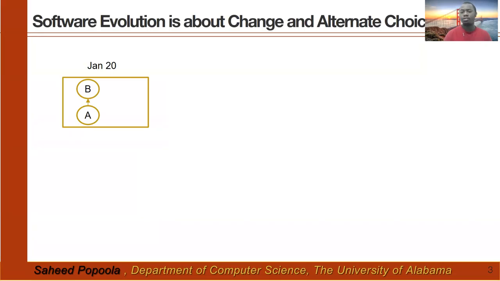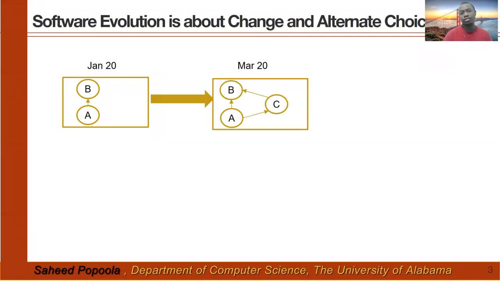Software evolution is about change and alternate choices. For example, this is a model that was created on January 20. Due to external factors, we had to add a new feature to the model, which is shown by the model element C here.